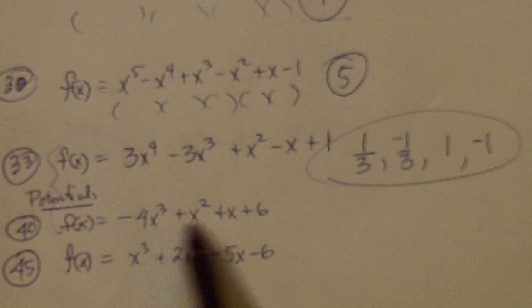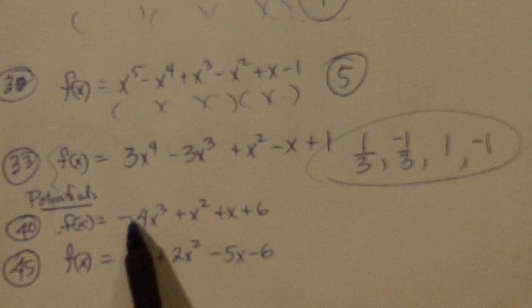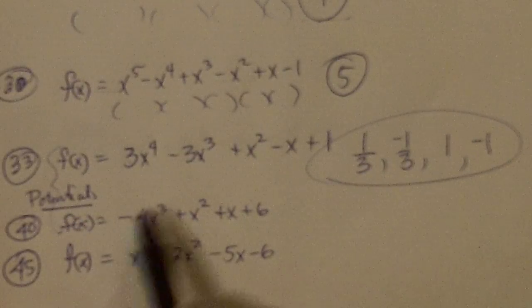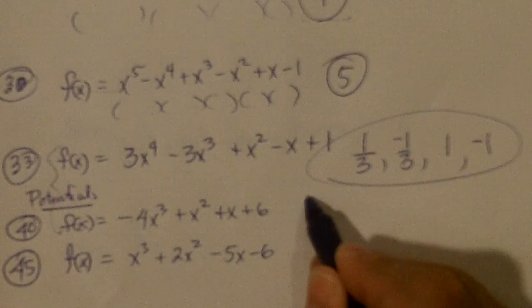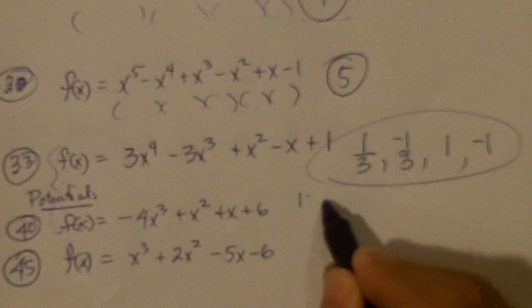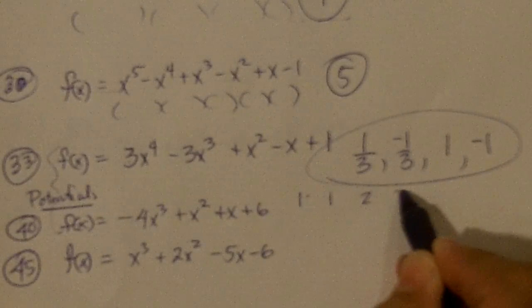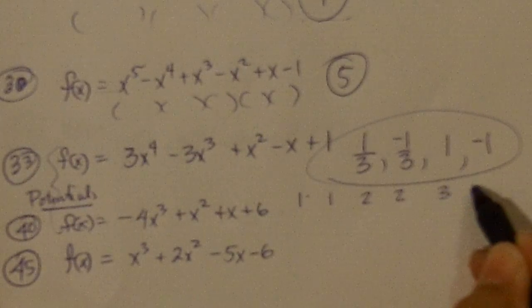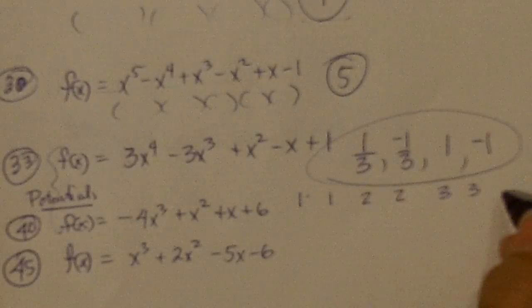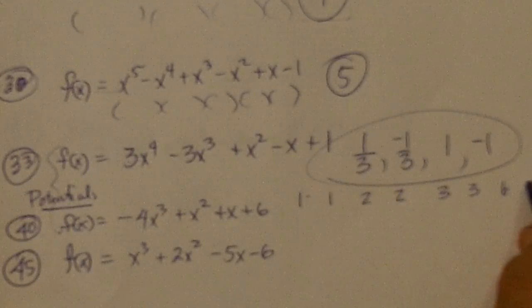For that one, in this one, we've got 6 over 4, and so 6 could have a 1, a 2, a 3, and a 6.